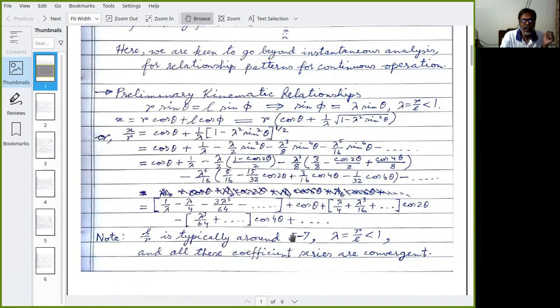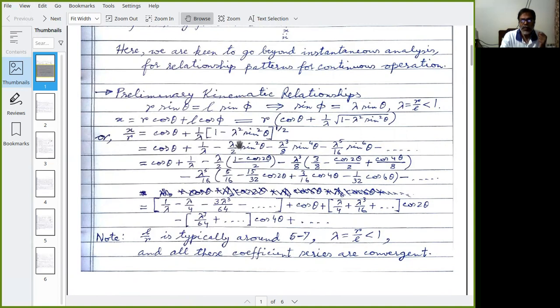L by R is typically 5 to 7, so lambda is 1 by 5 to 1 by 7, something of that sort. And all these coefficient series are convergent. So given lambda, you will get a number here and a number here and a number here. Fine. Now, this is the position relationship.